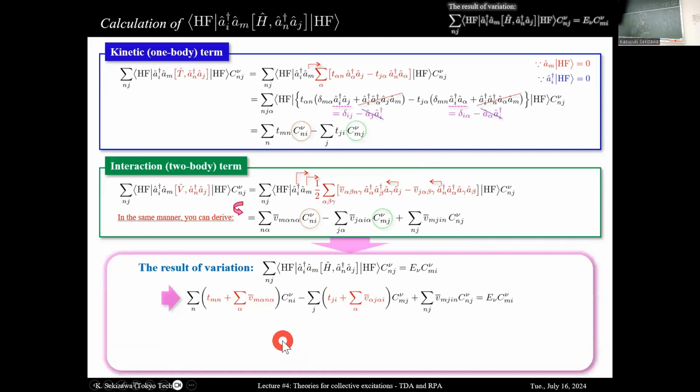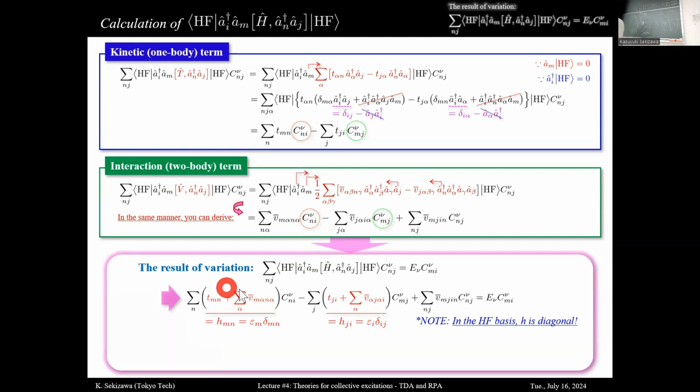And if you remember, this was derived from the Hartree-Fock theory. So if we assume the state will be a Slater determinant and take a variation, what we got is that the particle-hole and hole-particle components of the Hamiltonian matrix will be 0.